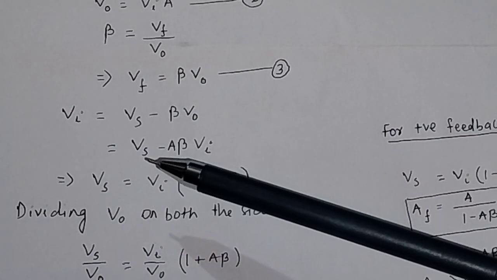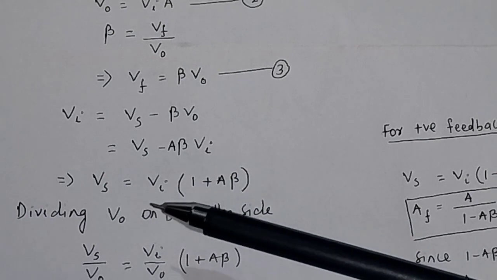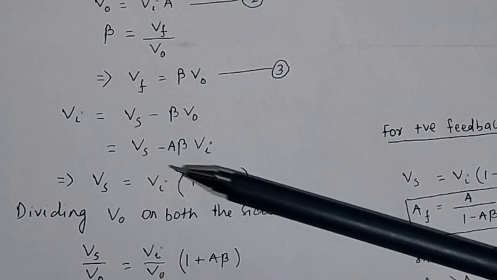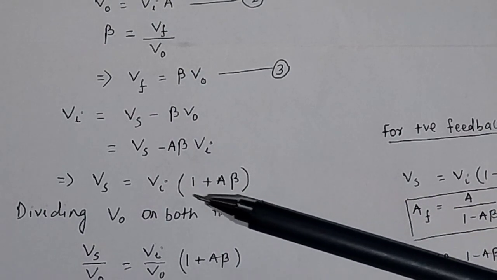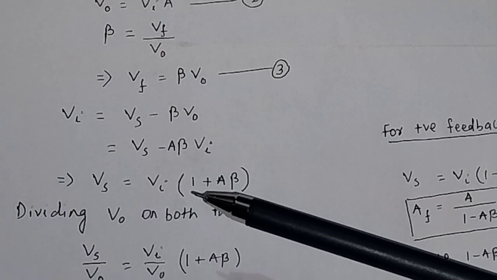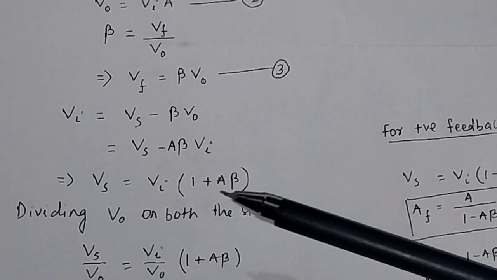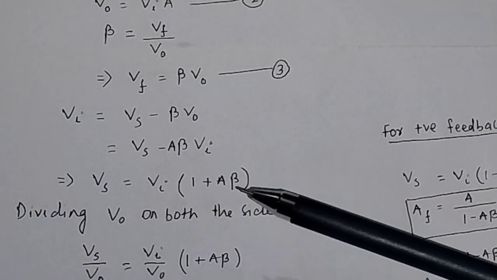So Vs, the source voltage, will be equal to Vi, if you take A beta Vi to the right-hand side and take Vi common, so in the bracket you have 1 plus A beta. So this is a well-known equation for the negative feedback amplifier.